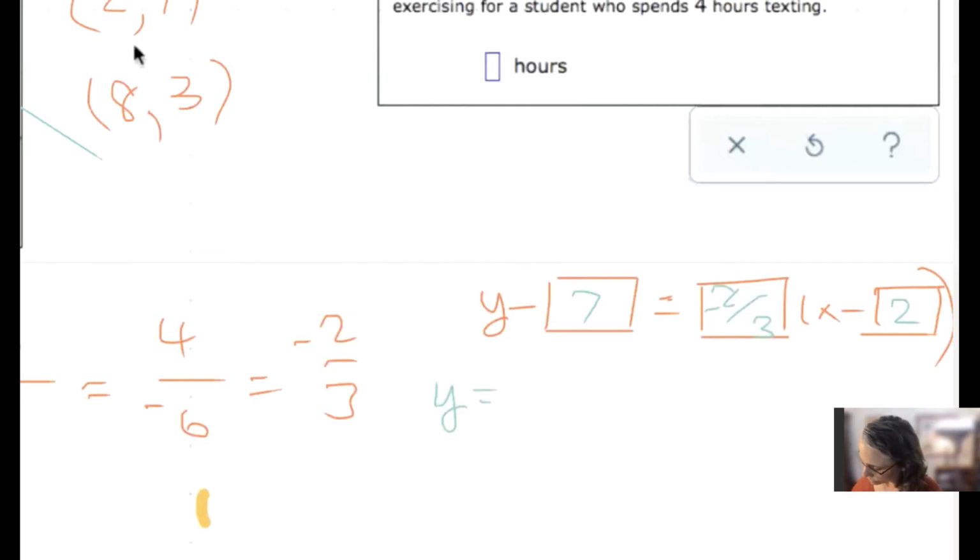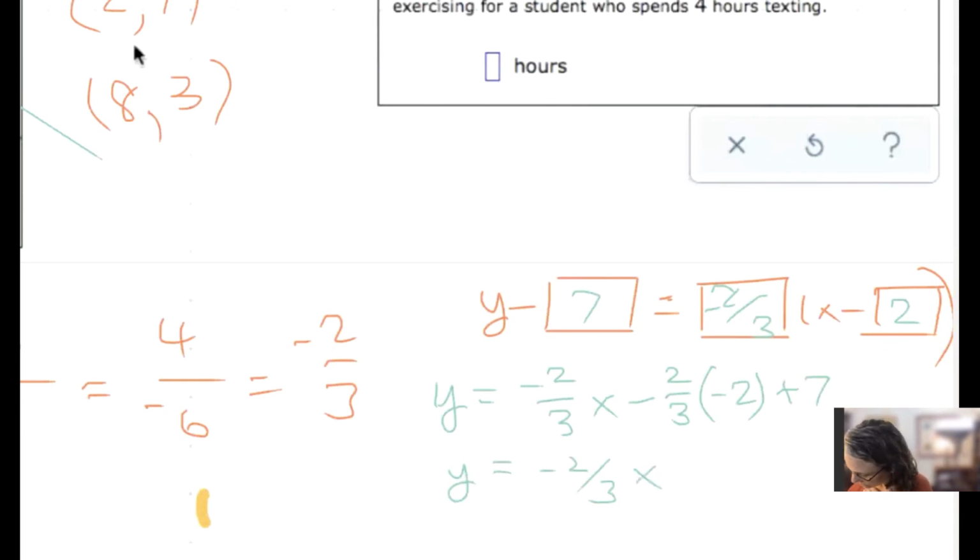I'm going to go ahead and do 2 steps at once. So I've got negative 2/3 times x, negative 2/3 times negative 2, and then I'm going to add the 7 over. And so I've got positive 4/3 and positive 21 thirds, so I think I get positive 25 thirds, and it helps if you don't forget your x.